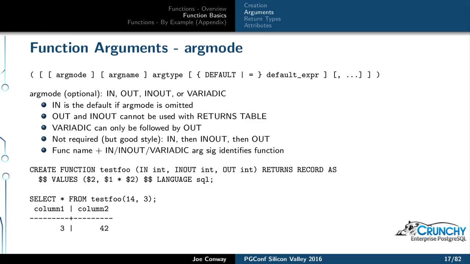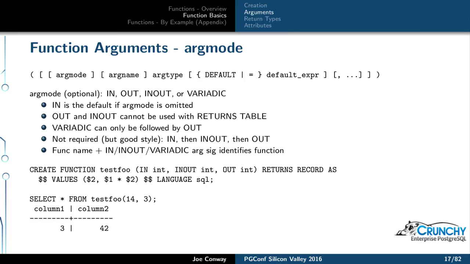Out arguments are really just placeholders for the return type, so they don't count as part of this signature that identifies the function. So variadic basically always has to be at the end, and you can have out arguments after it because they don't count for signature purposes. Although it's not absolutely required, it's good style. It makes your functions easier to understand if you generally define your arguments in order of in, in out, and then out.